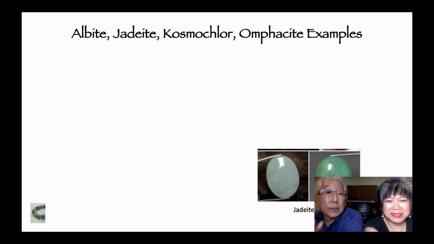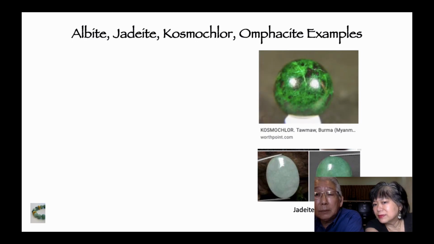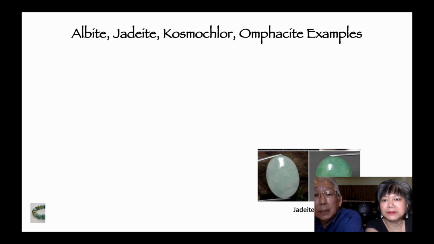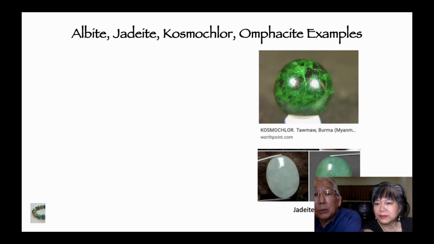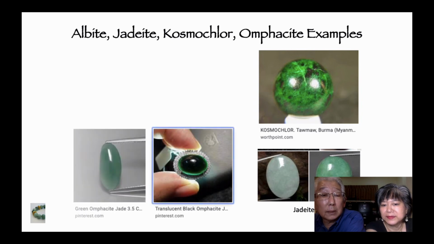Sorry, but guys, here's just some examples. I know I'm overdoing the albite, but I just had room to put albite in. So we have jadeite, and then cosmochlor from the Tomar mine that has that dark green with the black spot. This is omphacite.